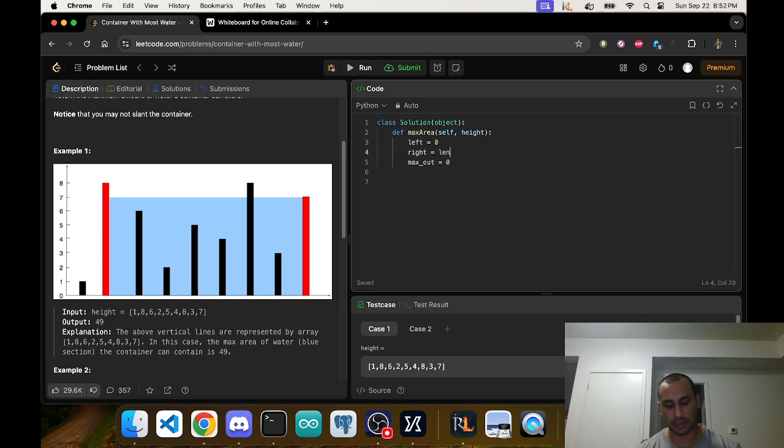So len of height, this array, minus 1 to get the last index of that array. So for example, left would be 0, this is the 1, and height would be the 7. And then I have a max value, max output. Let's just call it that so we know what it is.